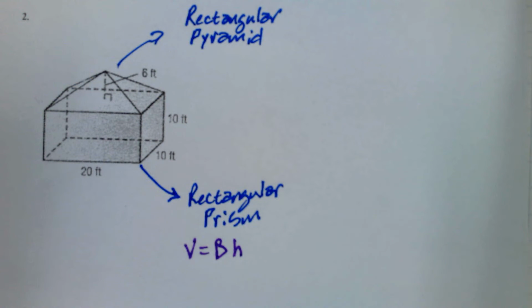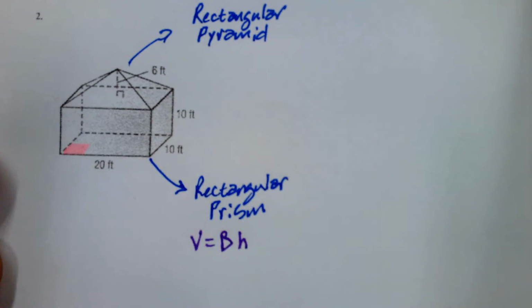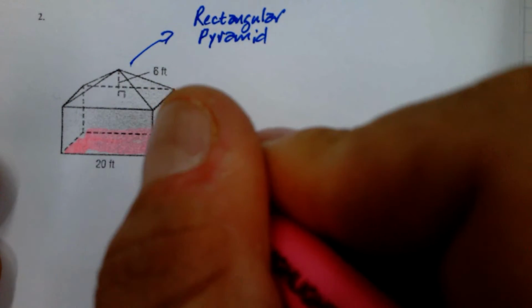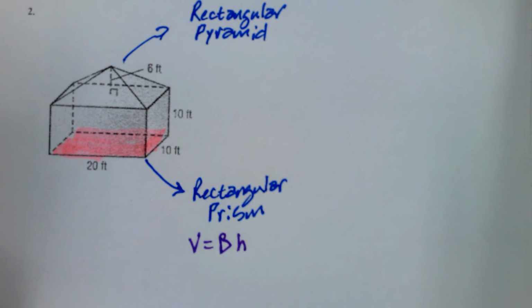Okay, so here's our base. Whenever we hear the word base, think bottom. What's the bottom looking like on a prism? They're always going to be the same on the top and bottom.